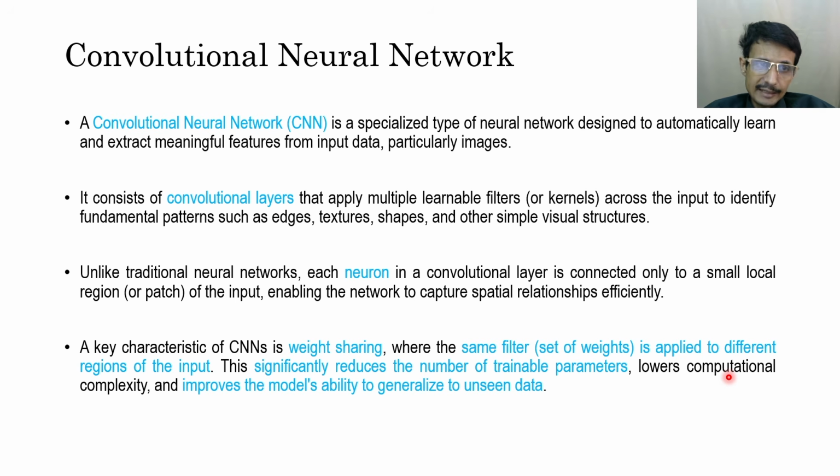So in CNN, unlike traditional neural networks, each neuron in a convolution layer is connected only to a small local region or patch of the input, enabling the network to capture spatial relationships. Now, why is it so?